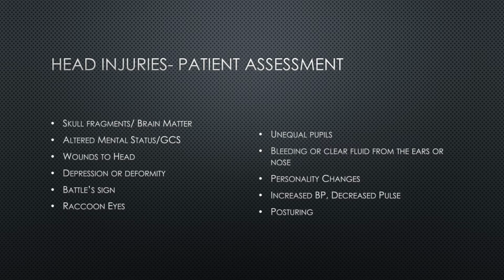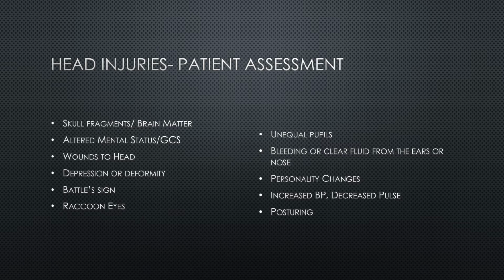Again, check for wounds in the head, depressions or deformity. You also want to look for two indications of a skull fracture. Battle sign, which is the bruising behind the ear, and raccoon eyes, which is bruising around the eyes.